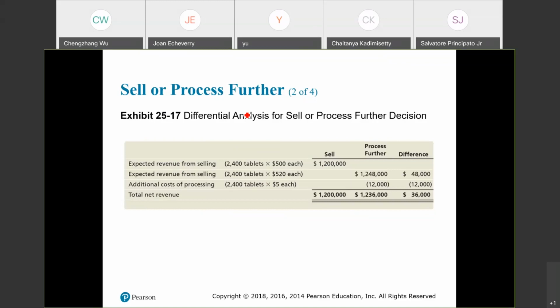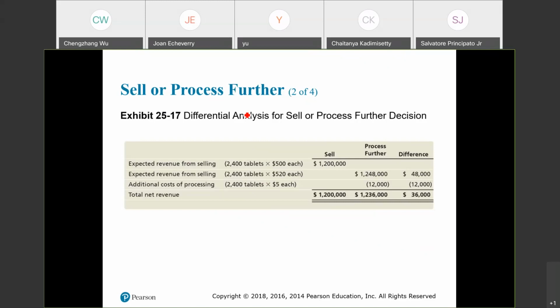So notice that the company's managers do not consider the other costs incurred in producing the tablets. If you remember, in the previous slides, we have a 964,000 cost. That is the variable cost plus the fixed cost.